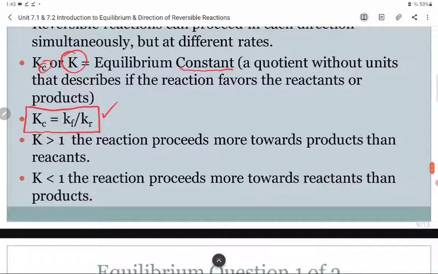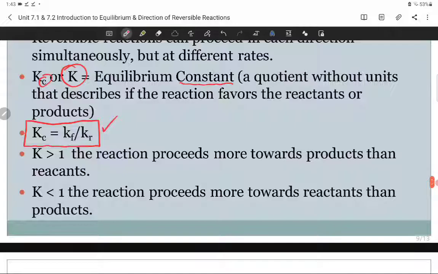Move this up a little bit. And what does K represent? So you have some reactants, you have some products, and what are you going to have more of at the end of the day when it reaches equilibrium? If the K value is larger than 1, you're going to have a lot of reactants become products. Not all, but a lot.